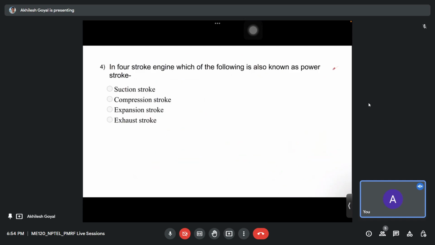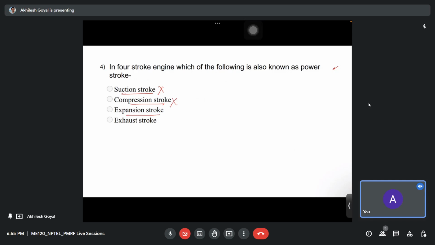So the next question is, in four-stroke engine, which of the following is also known as power stroke? Okay, so which one is a power stroke? In the suction stroke, air comes inside the cylinder, so this is not a power stroke. In compression stroke, the air is being compressed, so we are not getting any power, so it is also not a power stroke.